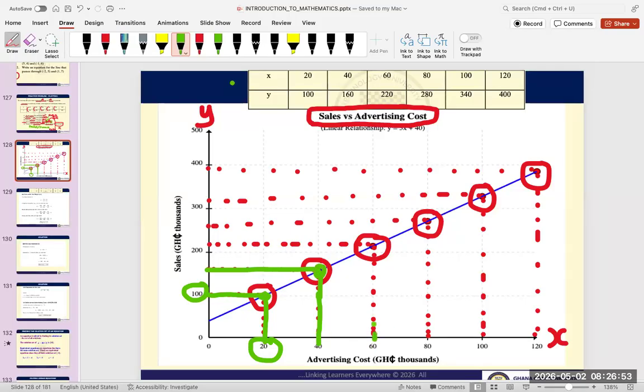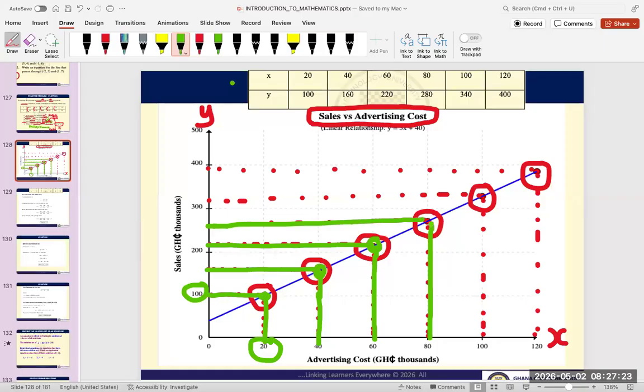When X is 60 moving up, Y will be coming from the other side, 220, to meet X. So where the two of them meet, that is the point. When X is 80 is moving up, Y 280 is coming from the side.